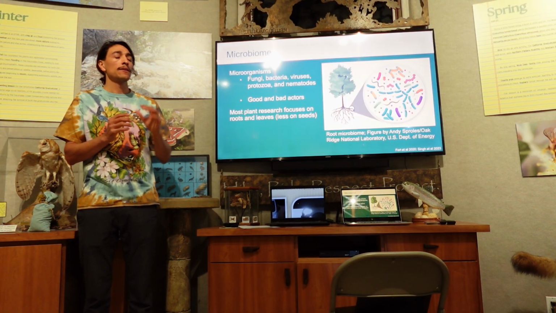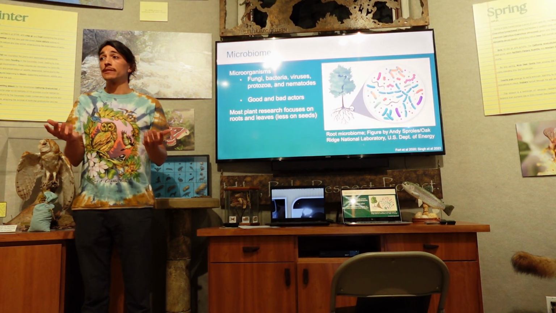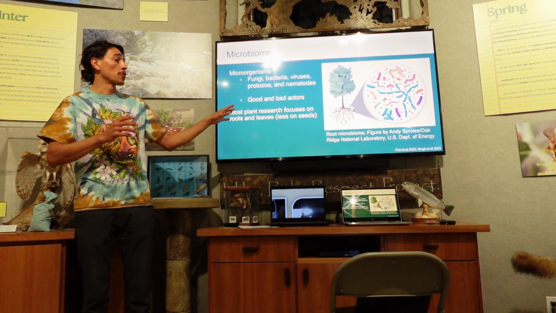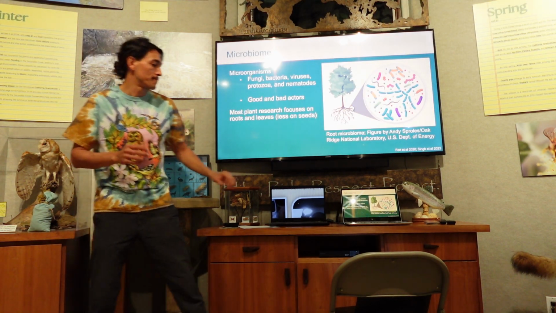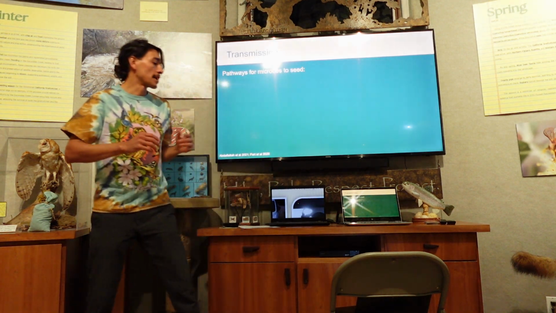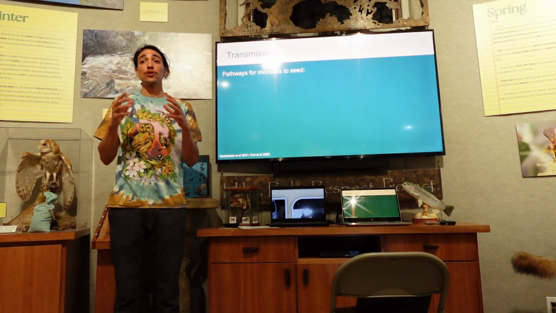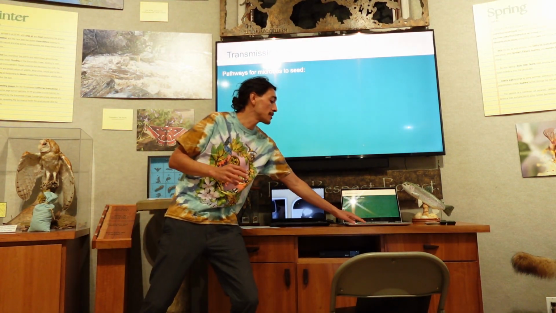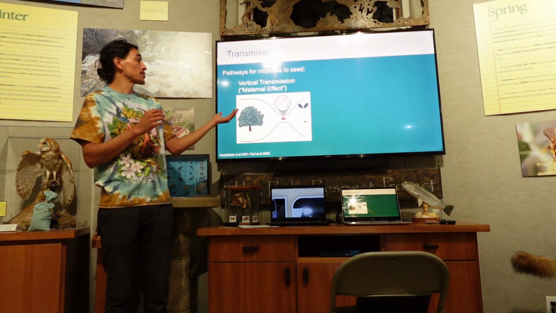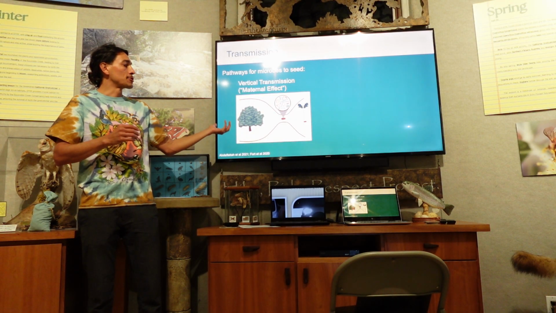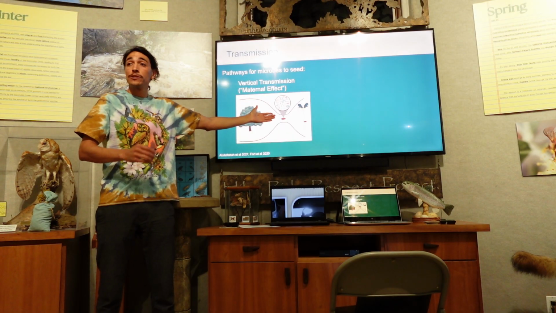And while a lot of research has already been done on the plant microbiome in the past couple decades, less is known about the microbiome of seeds. Studies have found that there are two general pathways that microbes get into a host seed. The first is the vertical transmission or maternal effect, in which the mother tree contributes microbes directly to the acorn during development.